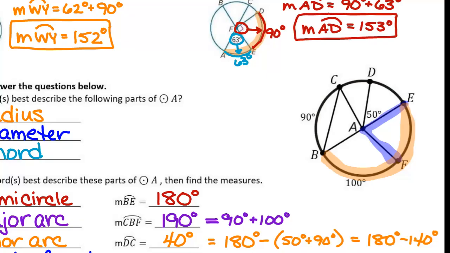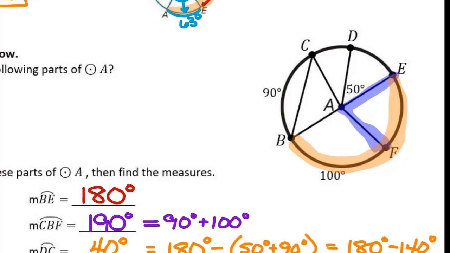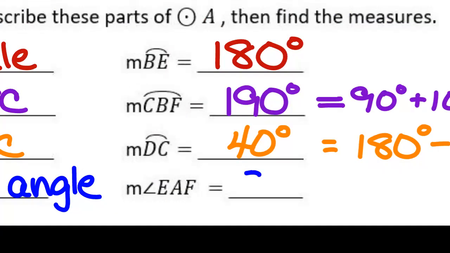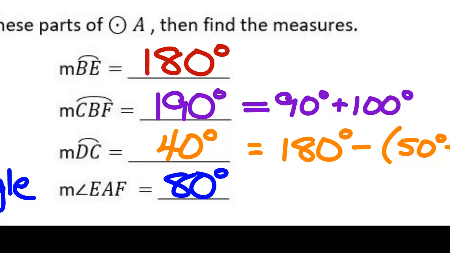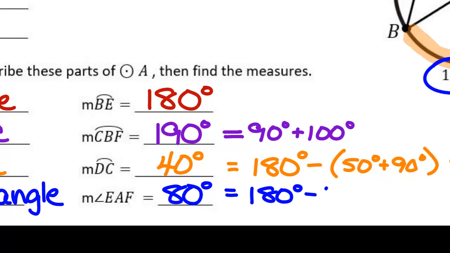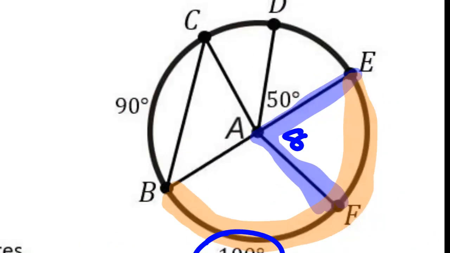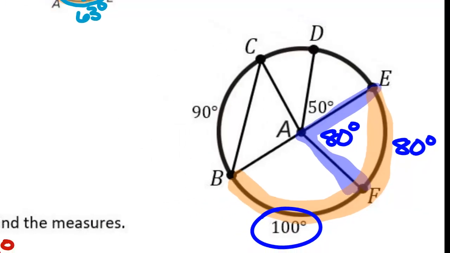And do we know how big part of that semicircle is? Yes, BF is 100 degrees, so that means EF would have to be how big? Has to be 80. We have 180 minus 100 to get that 80-degree arc. So this is 80. This is 80.